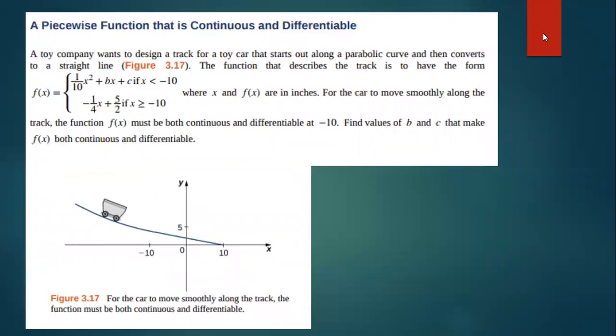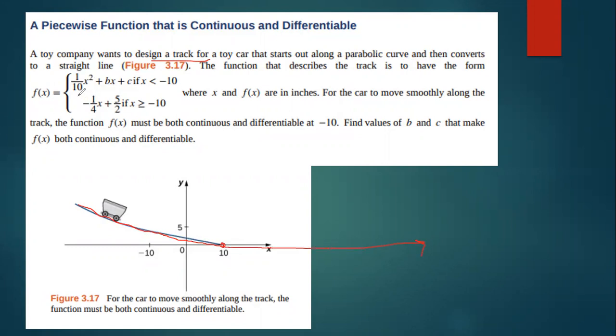A toy company wants to design a track for a toy car that starts out along a parabolic curve and then converts to a straight line. It starts with a parabolic curve like this one from this point to 10, and then it stays at a constant straight line.